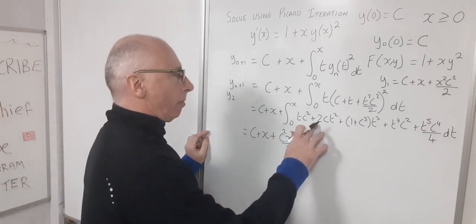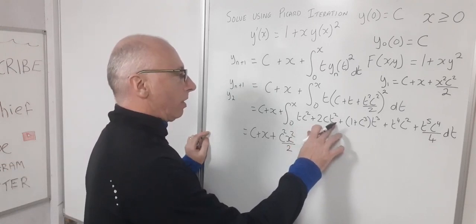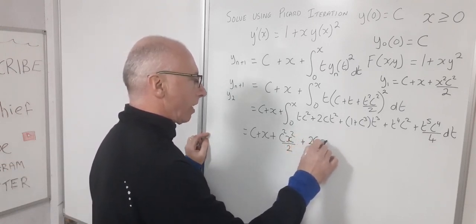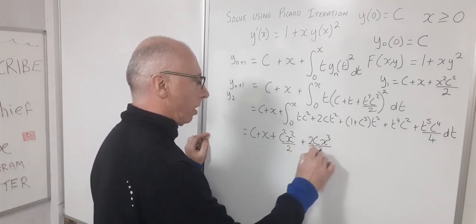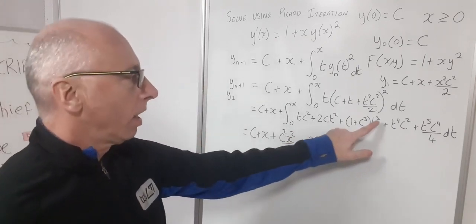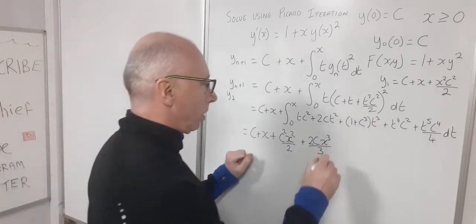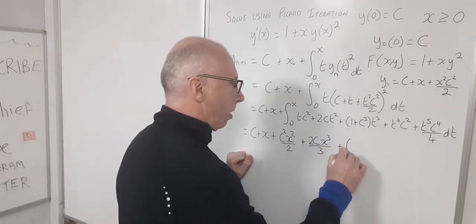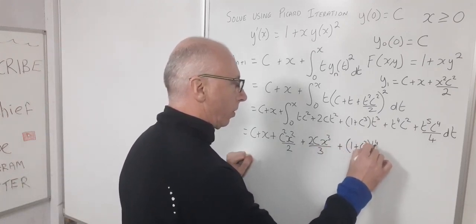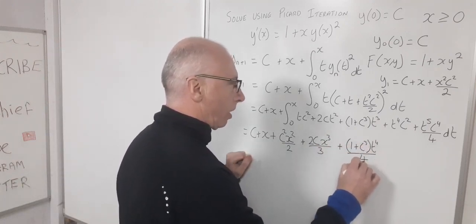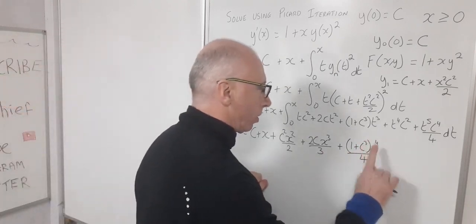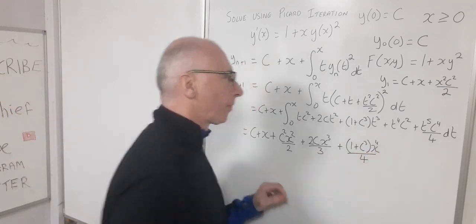So now I've got here plus 2c t squared. So now I've got plus 2c x cubed over 3. Then the next one here, I'm going to have t to the 4. So plus 1 plus c cubed, t to the 4, and that will all be over 4. My t will be an x. So just so as we can see that happening.